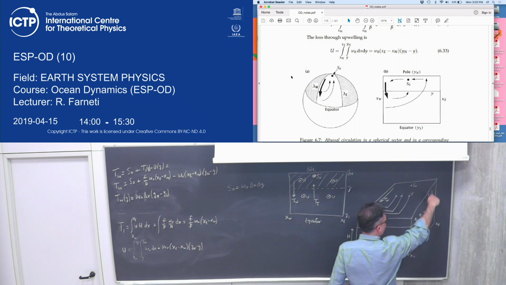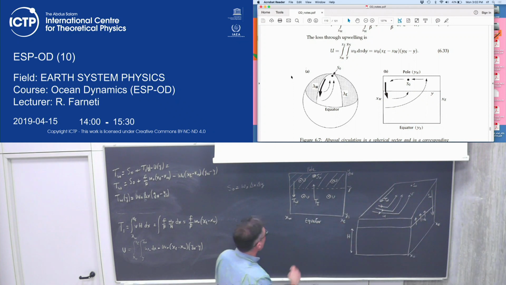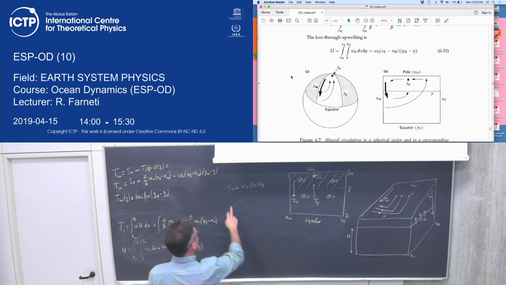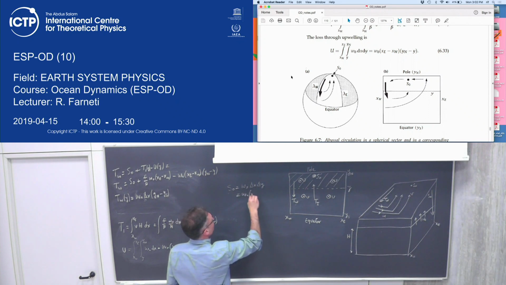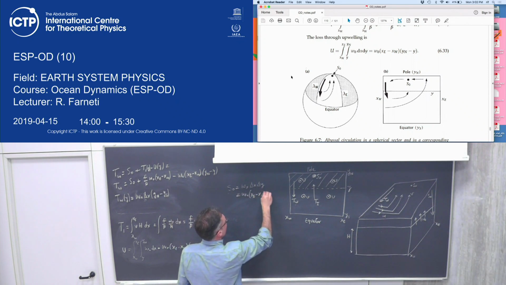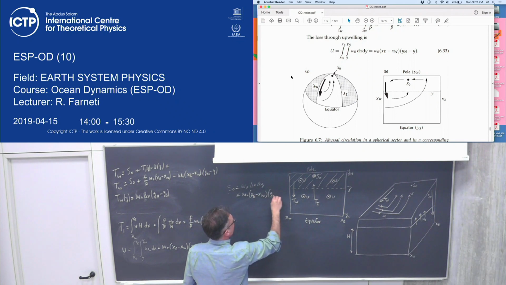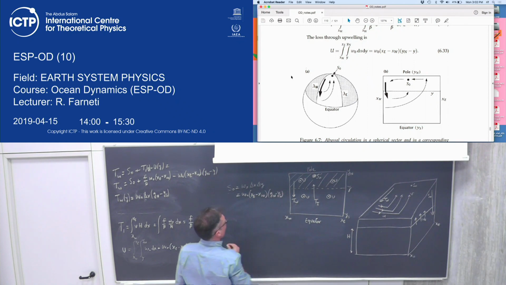So whatever you locally inject is uniformly upwelled, not just at latitude y. So S naught is delta x delta y, which is x e minus x west, y north minus y south.